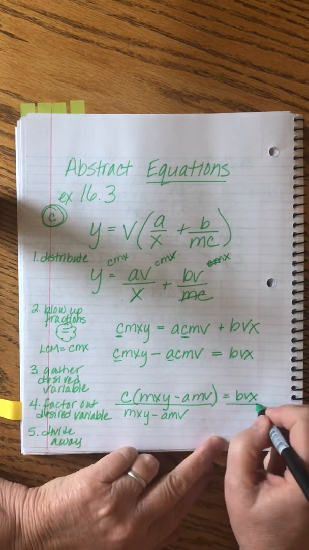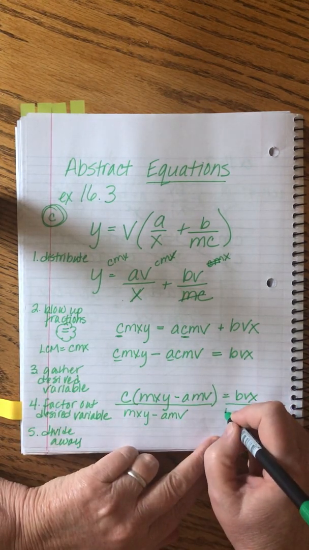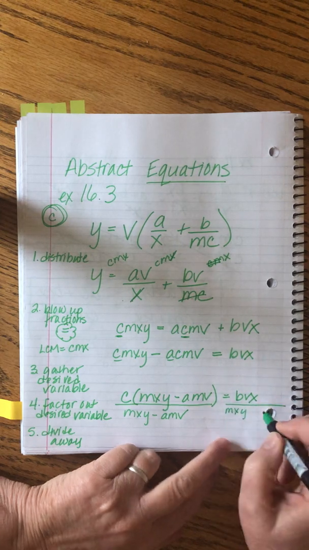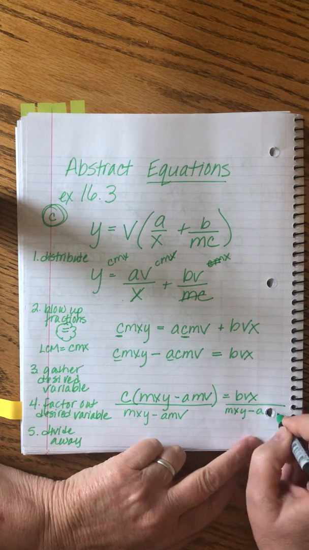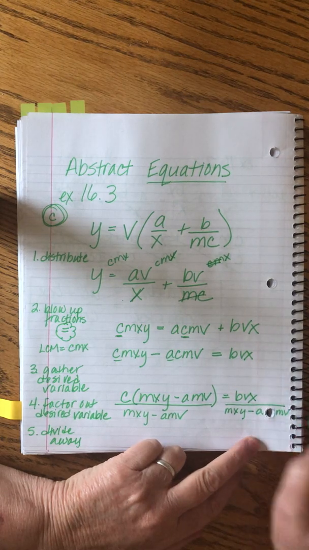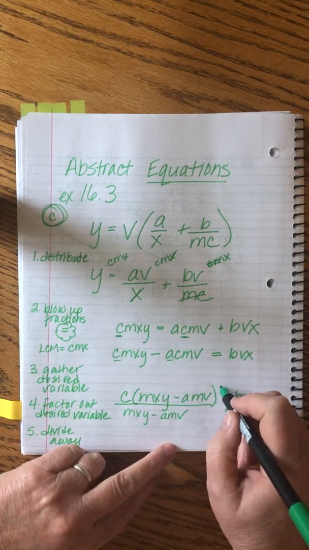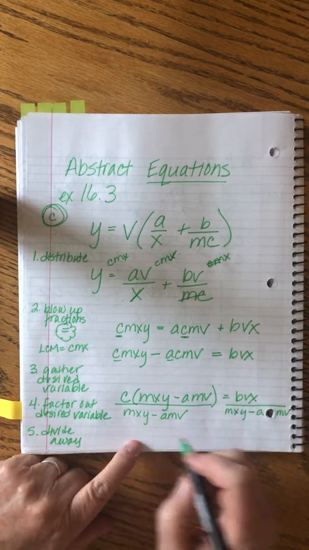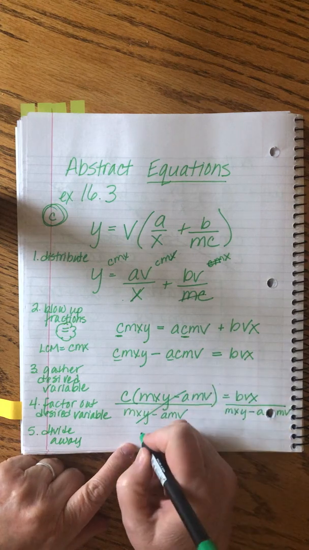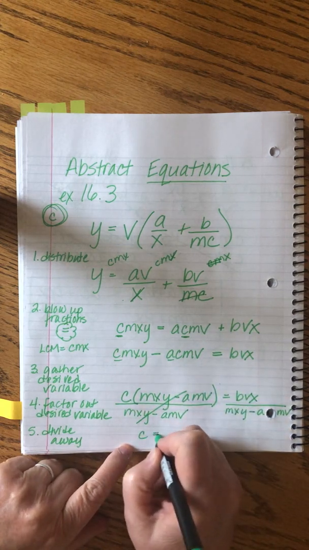Now we have to do the same thing over here. MXY minus AMV. This is our answer. And because it's so squished there, I'm going to write it over. I don't like to write it over there because these are so complicated, it's easy to just copy wrong.